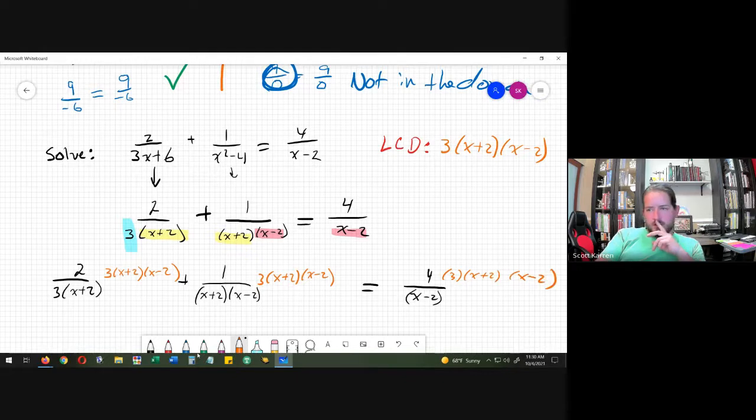All right, so there's a lot there, but there are things that will cancel out. This 3 cancels out with a 3. The x plus 2 cancels out with an x plus 2. And the next one over, an x plus 2 cancels with x plus 2. X minus 2 cancels with an x minus 2. And x minus 2 cancels with an x minus 2. Right?